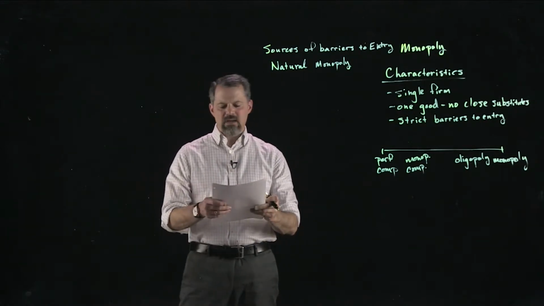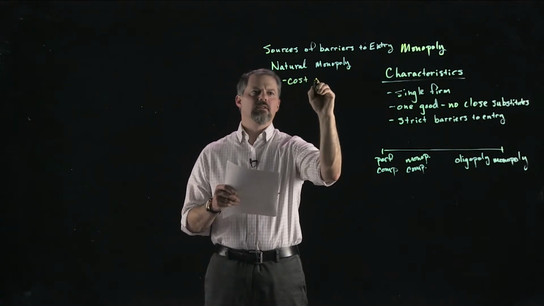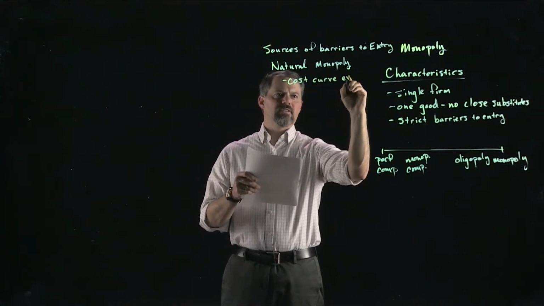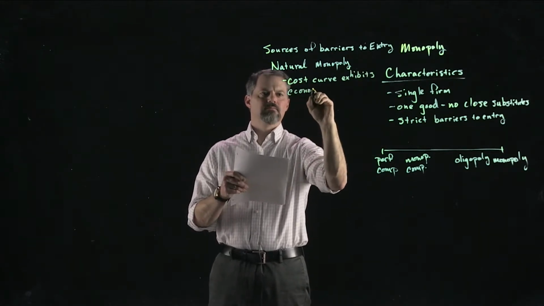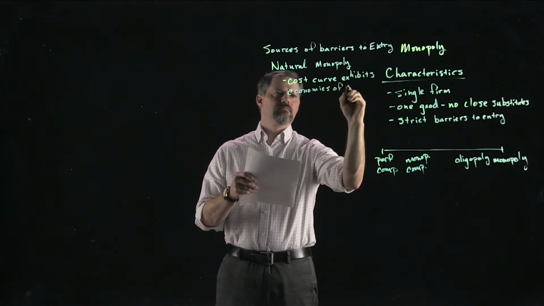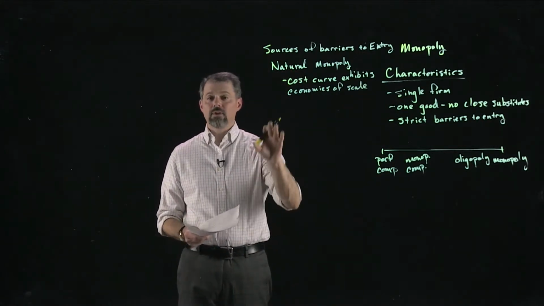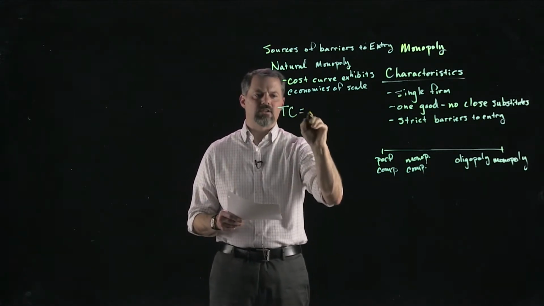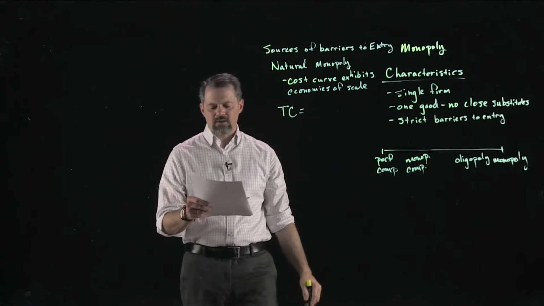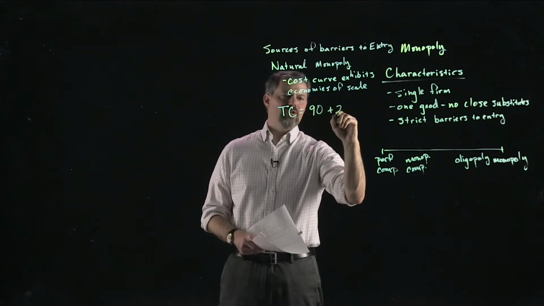Let me describe what I mean by that. Let's say that the cost curve exhibits economies of scale. So let me explain what I mean by that by using an actual cost curve. Let's suppose we had a cost curve that looked like this, 90 plus 20Q.